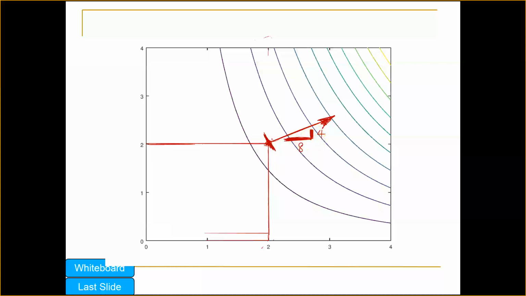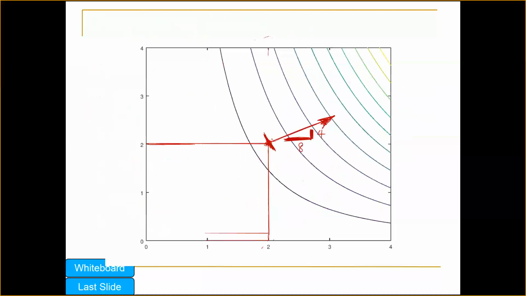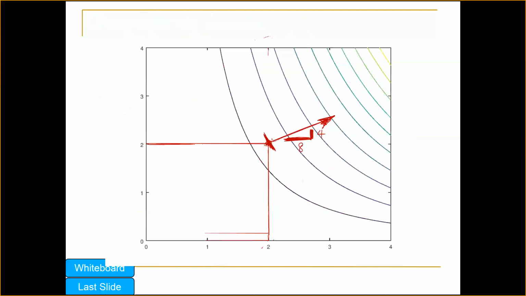That is what this means. Right. Everybody see that? Kind of hard to understand. So that's what the 4-8 means.